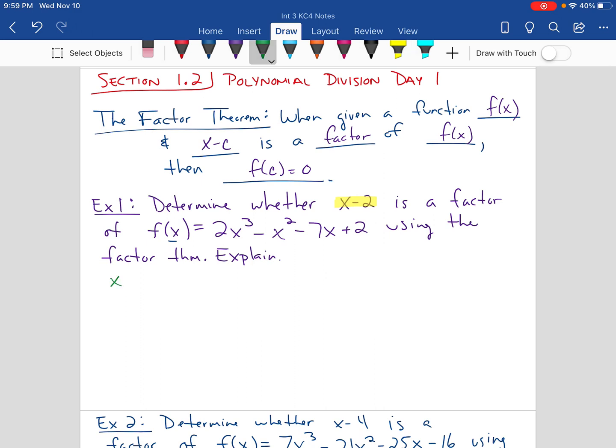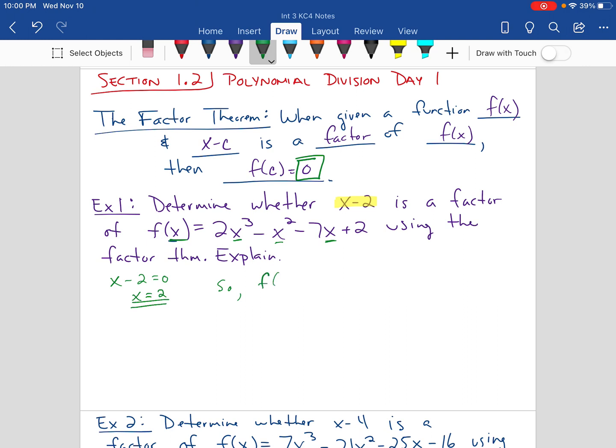If I have x minus 2 and I set that equal to 0, x has to be equal to 2. So wherever I see x in my function, I'm going to plug in 2. If it gives me 0, that means yes, it is a factor. If it does not, then it is not a factor.